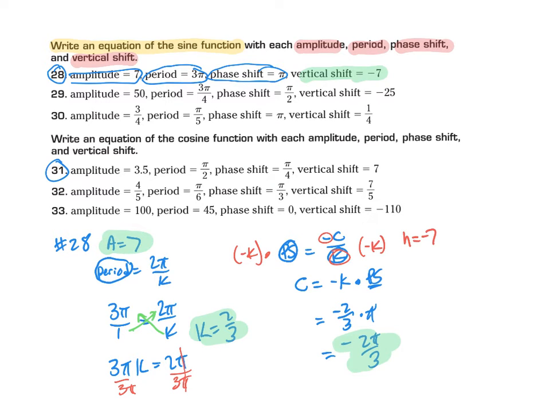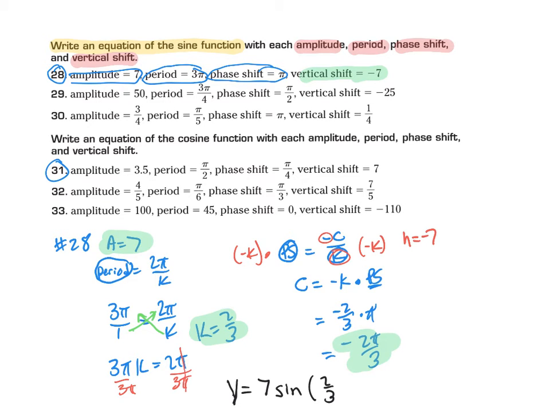All right, so I used up a lot of space here, but I'm going to try and squeeze this equation in at the bottom. So here's what the equation is supposed to look like. It's supposed to be y equals the amplitude, which is 7. This is a sine function, so I'm going to put sine of k, 2/3 times our independent variable.